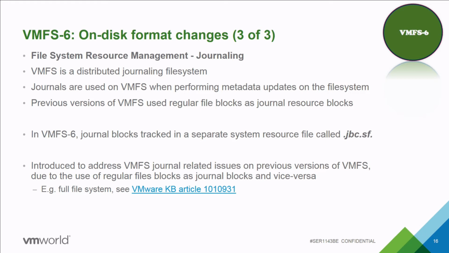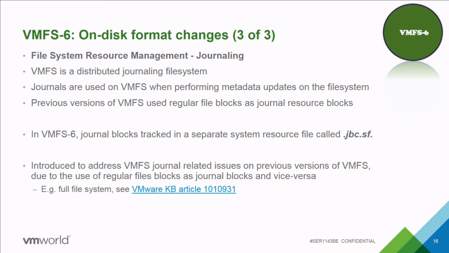However, journals just used standard file blocks, and we came across a situation where this was problematic. It was problematic where you might have filled the file system. So let's say your VMFS 5 is completely full. The one thing you'd want to do is delete some files off that file system and free up some space.